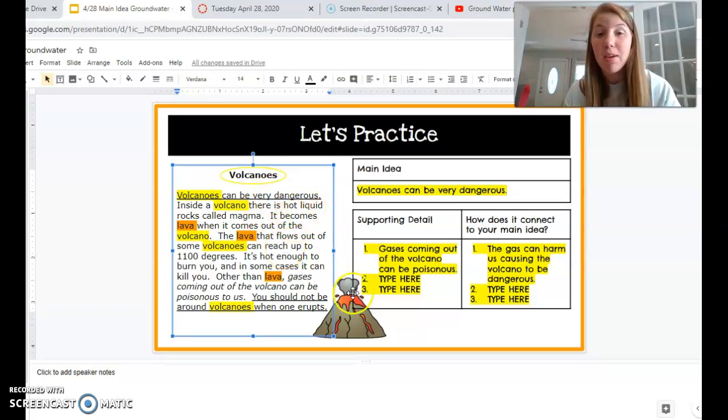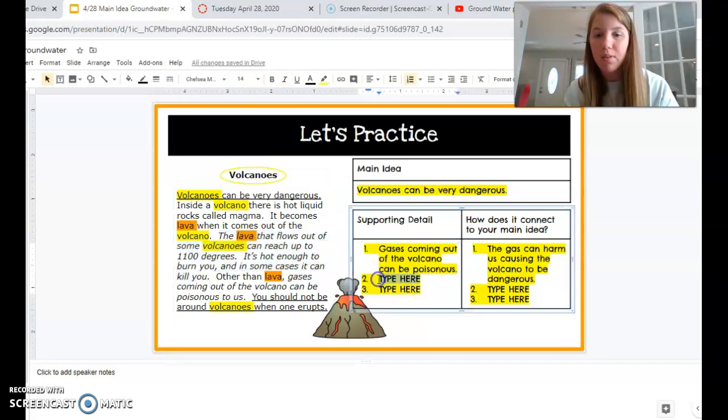Oh, I think I'm thinking what you're thinking, that lava is so hot that it can burn us or even kill us. Oh my gosh. The lava that flows out of some volcanoes can reach up to 1,100 degrees. It's hot enough to burn you and in some cases, kill you. I'm going to shorten it.